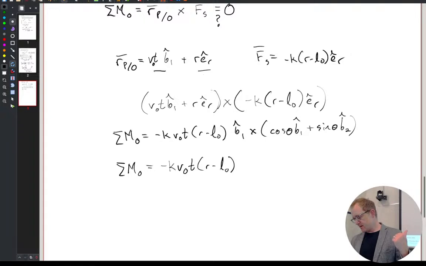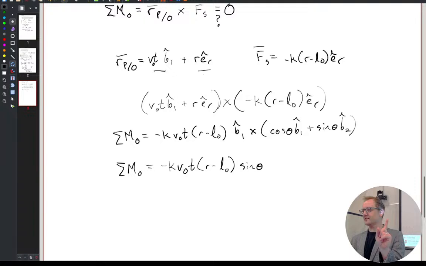The b1 cross b1 cosine term goes to 0 because b1 cross b1 is 0. b1 cross b2, what's that? b1, so x crossed with y. It is magnitude 1, but what direction?